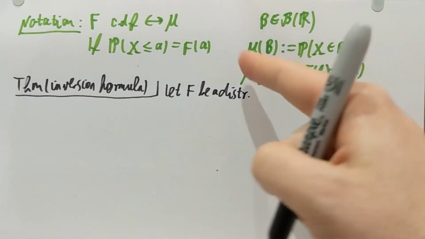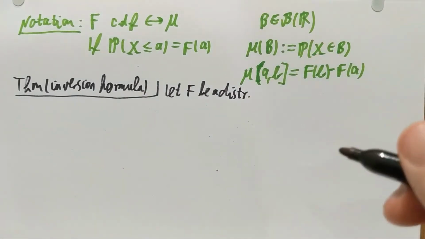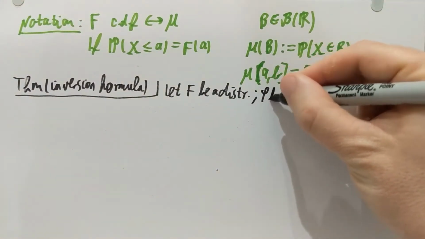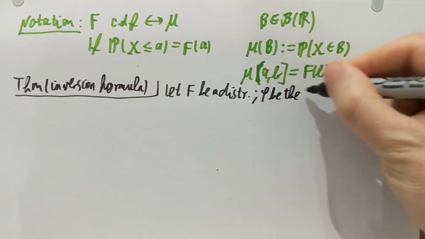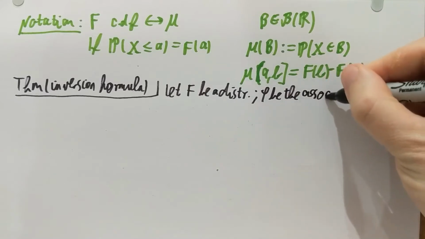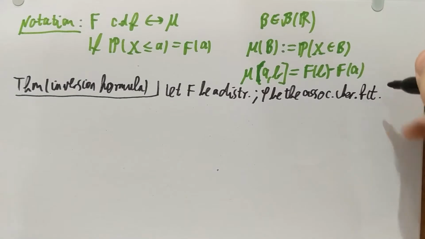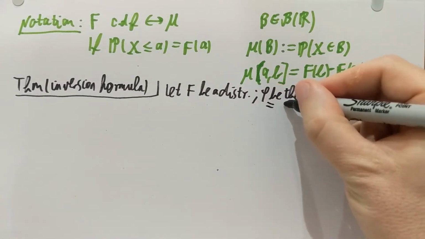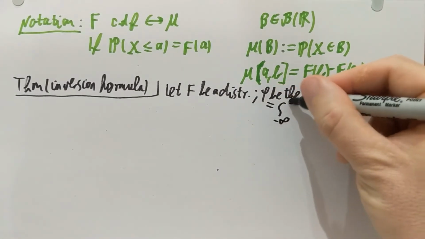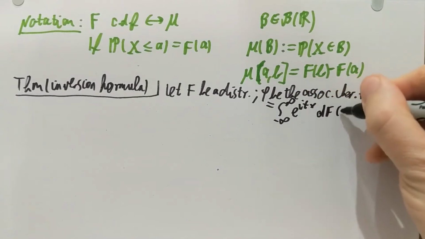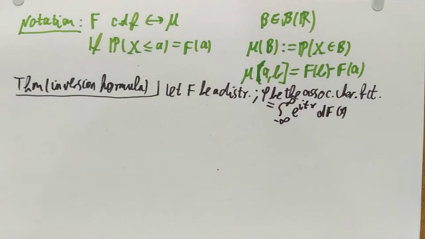Mu is associated to F in the way I just explained above, and let phi be the associated characteristic function. Okay, so phi is equal to the integral from minus infinity to infinity of exponential of itx dF(x), as before, the expectation of exponential itX with respect to this distribution.